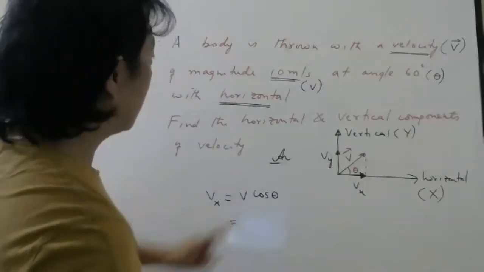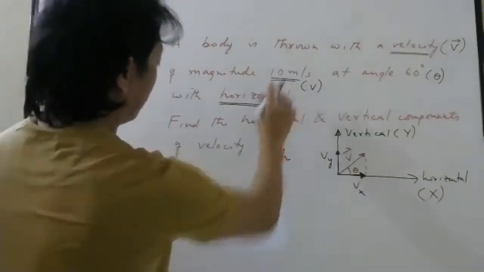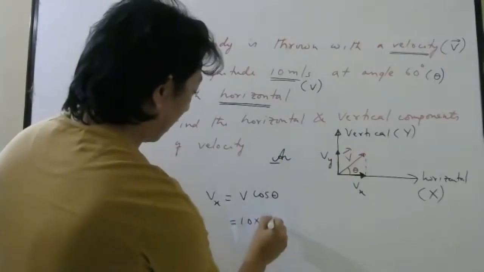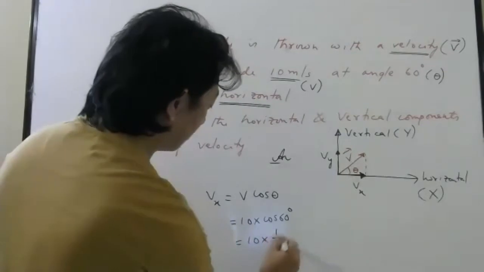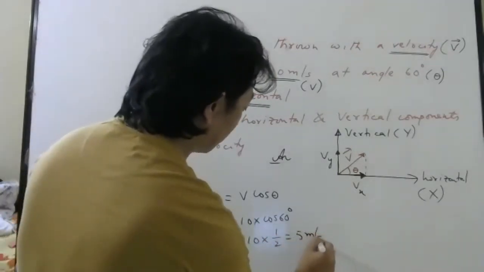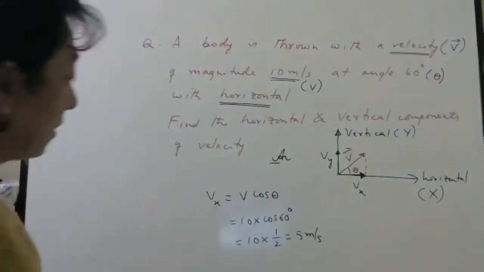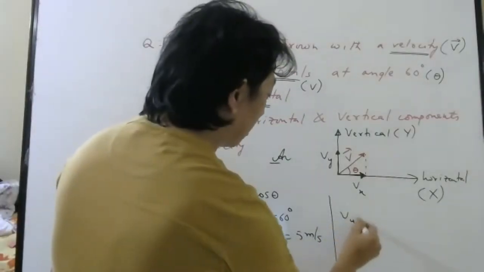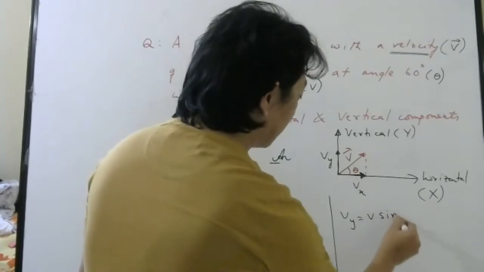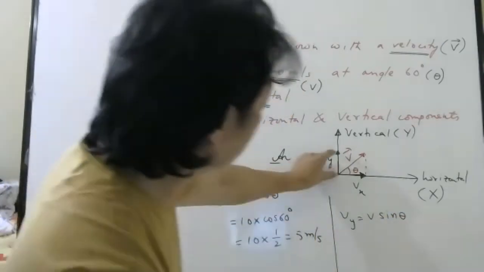So what is V? V is the magnitude of the velocity, that is 10. Angle is 60 degree. So this will be cos 60, which is half. So this is 5 meter per second. Okay. So this is the x component of velocity. What will be the y component of velocity? V sine theta. Right? This is your opposite side.